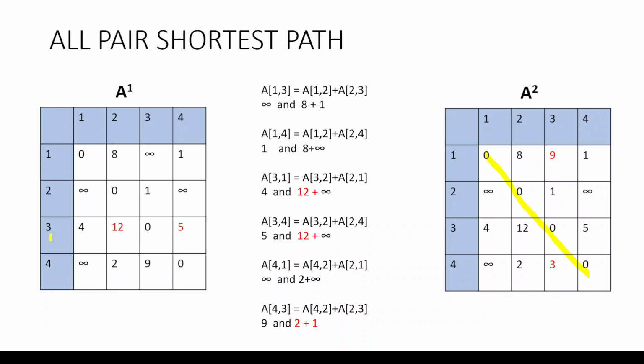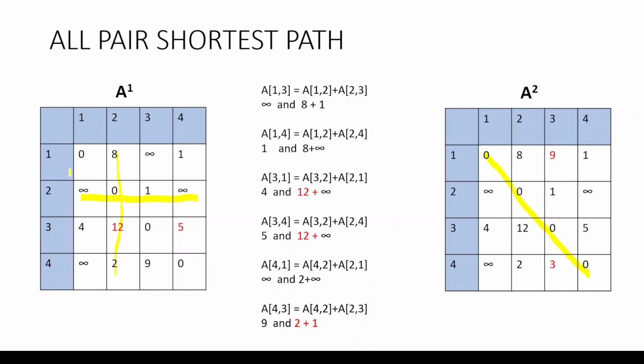And whatever is the row associated with 2 as well as the column associated with 2, I will retain in my new adjacency matrix. So infinity 0 1 infinity I'll write as it is, and 8 0 12 2 I will write as it is, remaining I will calculate.